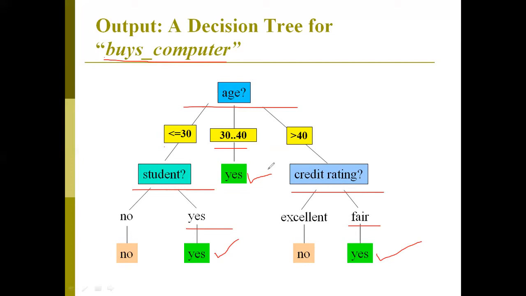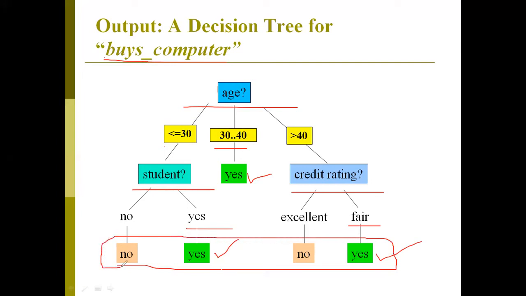So in this way, we have constructed a decision tree. The final outcomes, yes or no, are represented in the leaf nodes, or external nodes. These nodes are the final outcomes, or you may say class labels of that particular table or data set.